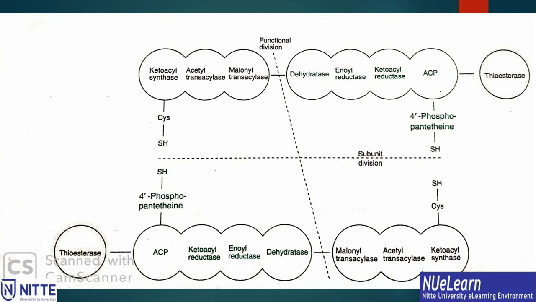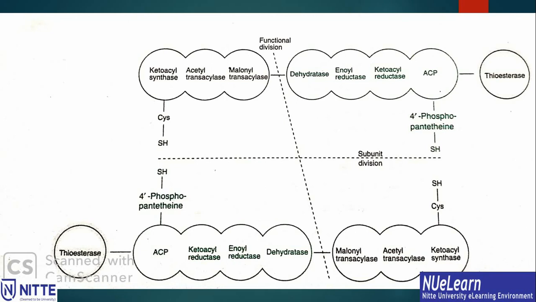The SH group of phosphopantetheine of one subunit is in close proximity to the SH group of the cysteine residue of the enzyme ketoacyl synthase of the other subunit. Each monomer of fatty acid synthase contains all the enzyme activities of fatty acid synthesis, but only the dimer is functionally active, because the functional unit consists of half of each subunit interacting with the complementary half of the other.